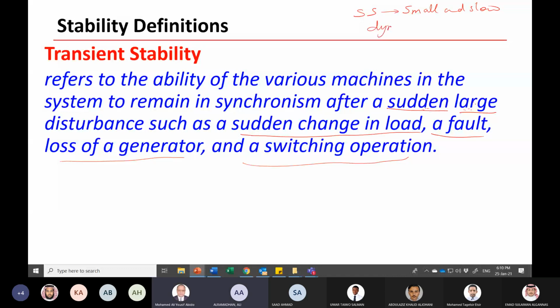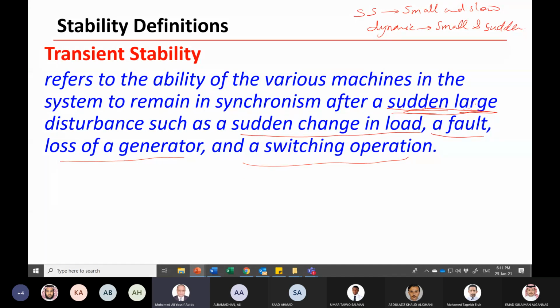For dynamic, small and sudden. Here for the transient stability, the disturbance is sudden and large, or large and sudden.